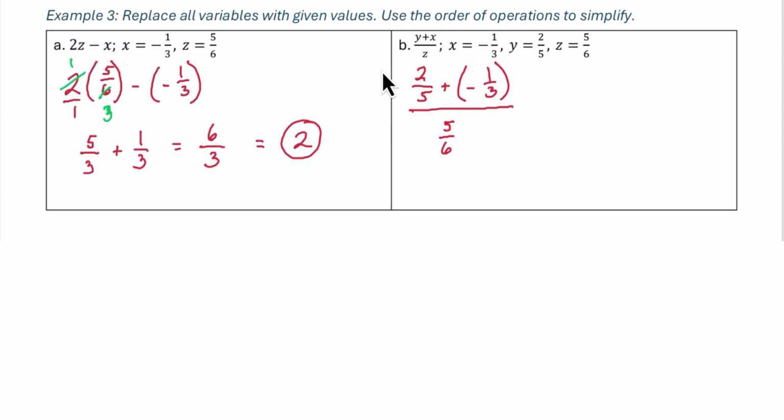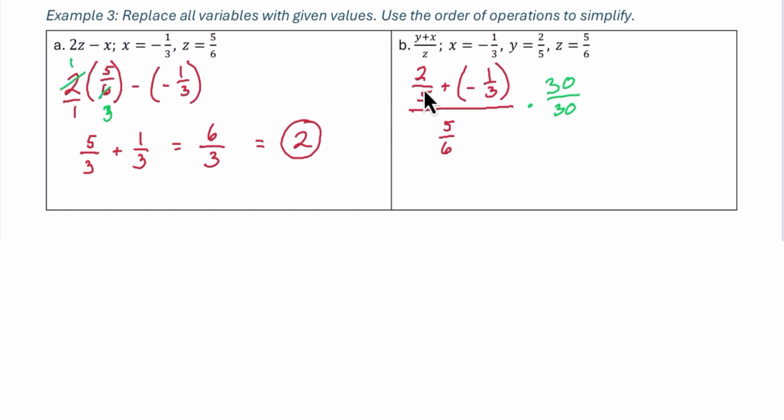To simplify a complex fraction, we look at the interior fractions, the smaller fractions, and find their LCD and multiply the numerator and denominator by that LCD. So the LCD of 5, 3, and 6, that LCD is 30. So we're going to multiply the numerator and denominator by 30.